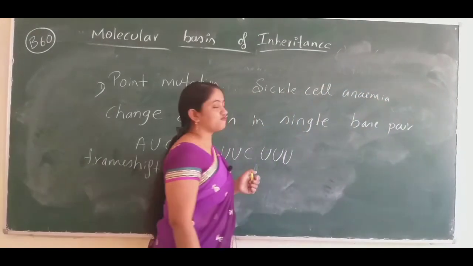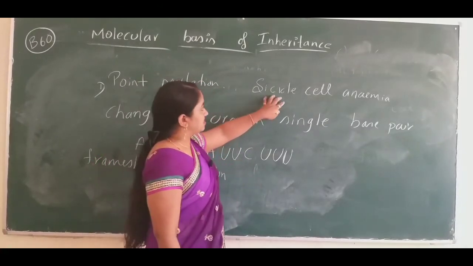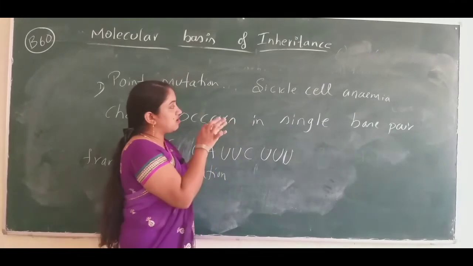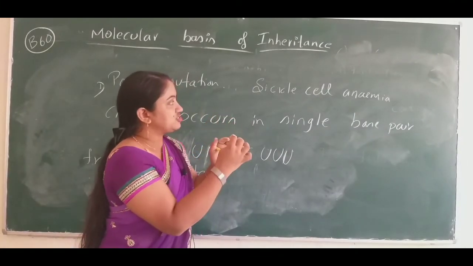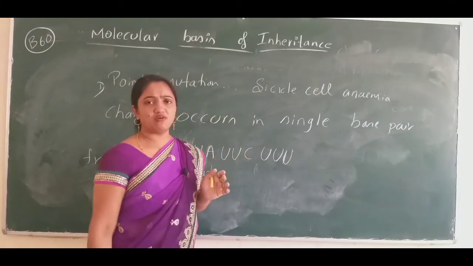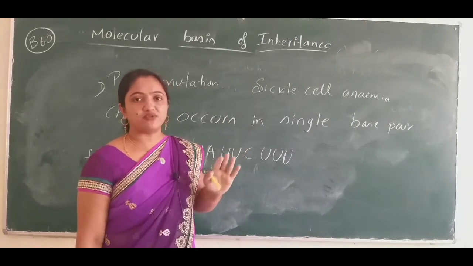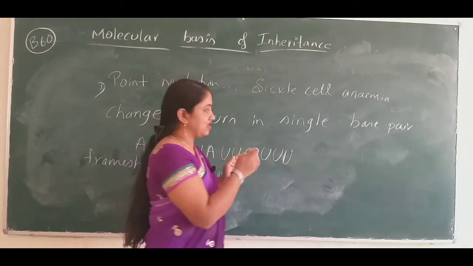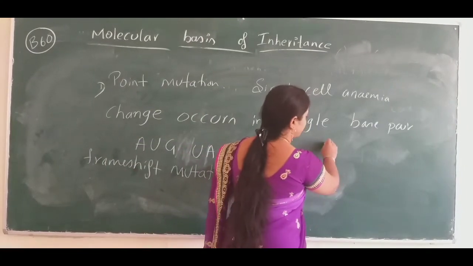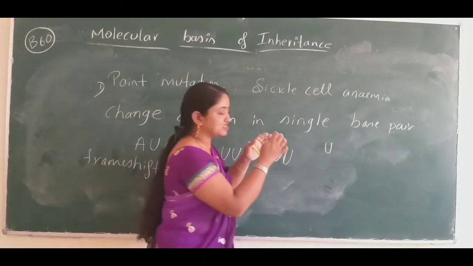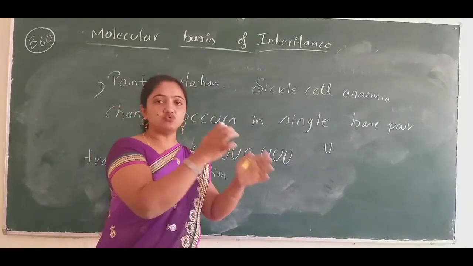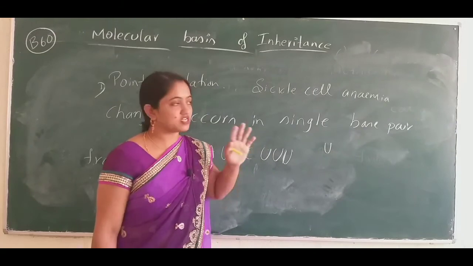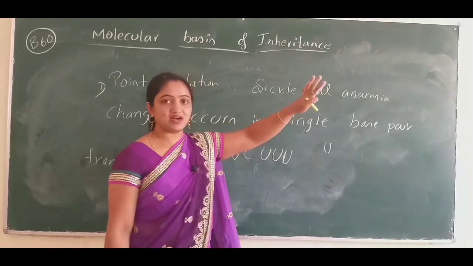How does the disease occur? Because of the replacement of what? The amino acid. How does the amino acid get replaced? The nitrogen base: instead of A, the U nitrogen base gets replaced. That's why the disease occurs.